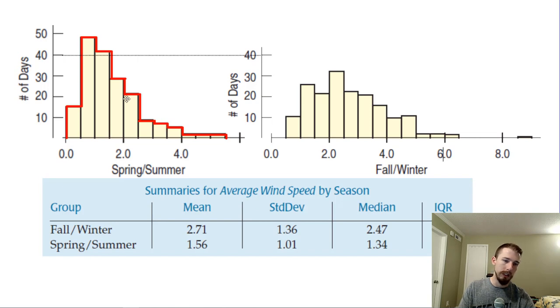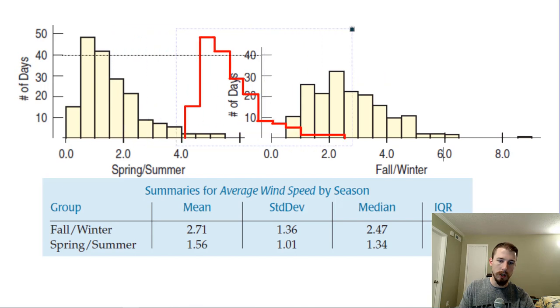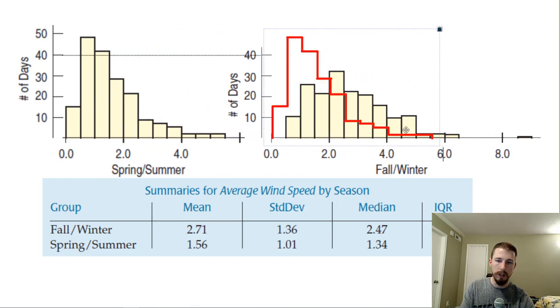The other thing that's kind of nice is we can look at these side by side like this, but if I drag this one over here, so it started out at 0 here, it makes it really easy to compare them because you can see exactly when it starts to differ. So if we're looking at fall and winter, it looks like those are going to be windier than the spring and the summer, right? So the mode for the spring and the summer is going to be calmer, I guess from 1/2 to 1.5, right?